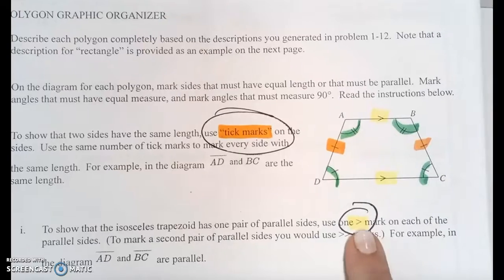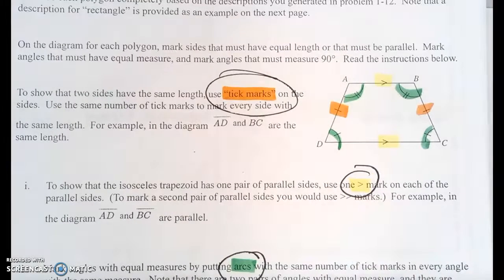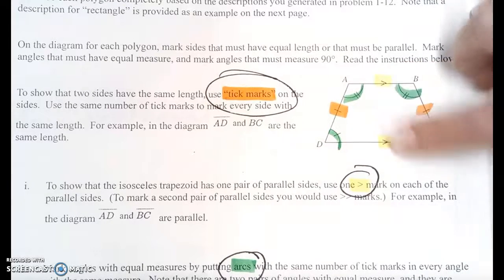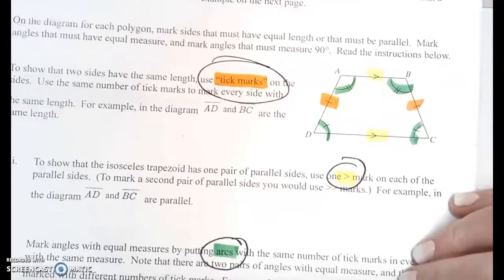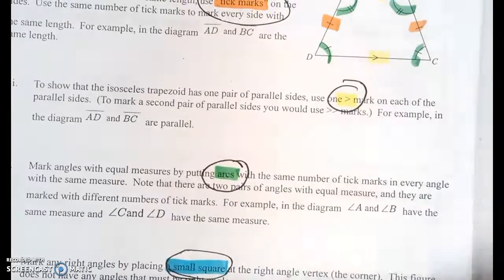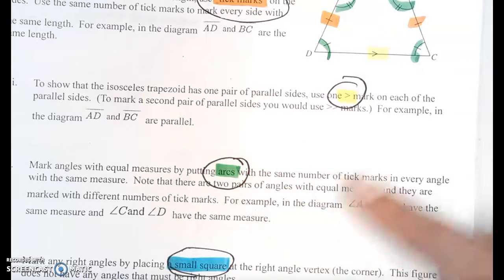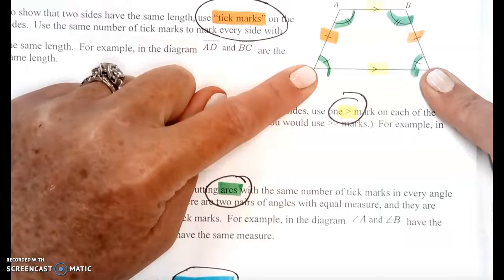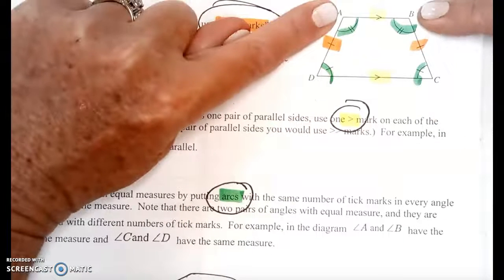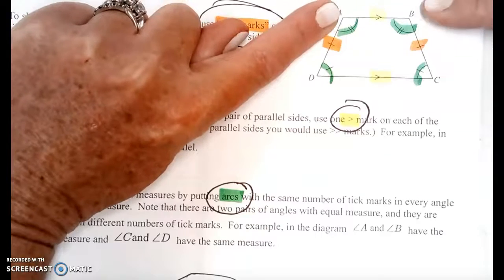Okay? Then we have this little symbol, which is called a caret. And on an isosceles trapezoid, this top and bottom side are parallel to each other. The third one down, I highlighted in green. These are called arc marks. So the two base angles have single arcs because they're congruent, and the top base angles have double arc marks because they're congruent.